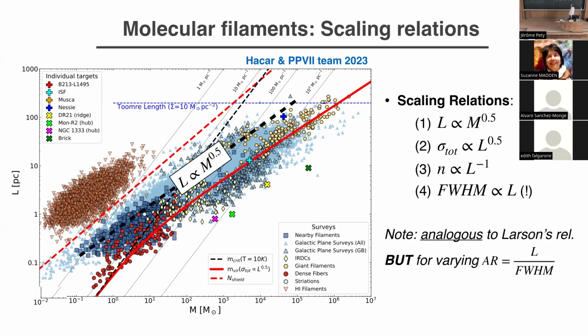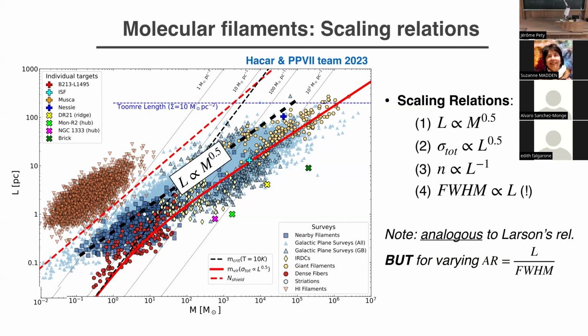So in this sense, more important than identifying a particular structure is to identify how they connect, how you correlate these different structures across scales. And what we found is that on average, all filaments follow this mass-length relationship of mass to the power of 0.5.